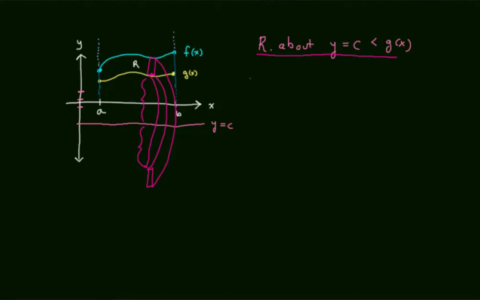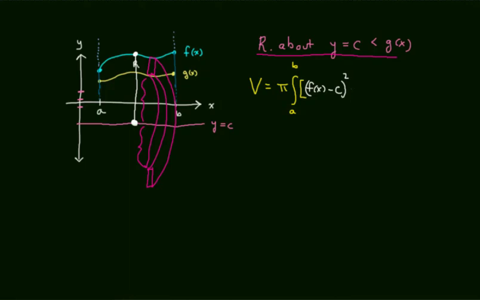So our volume now is going to be, pull out the pi, times the integral from a to b. Now we're going to look at the outer radius. Our outer radius is going to be the distance from here all the way down to the axis of revolution. So that radius is going to be f of x minus c, and I'm going to square that quantity.